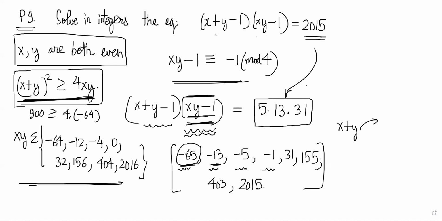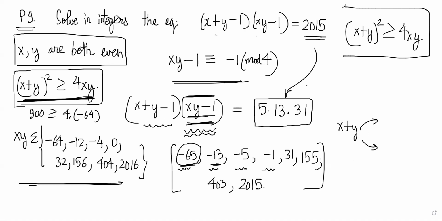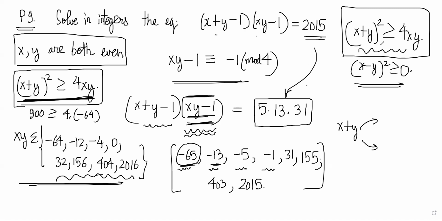Once you have the corresponding x plus y values, you should check which of them satisfy this condition. This is equivalent to x minus y whole square being greater than or equal to 0. So out of the set of values, for some of them this inequality will not be valid, so you have to do this work.